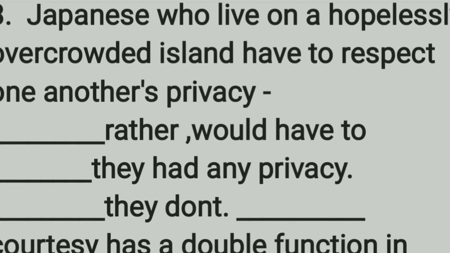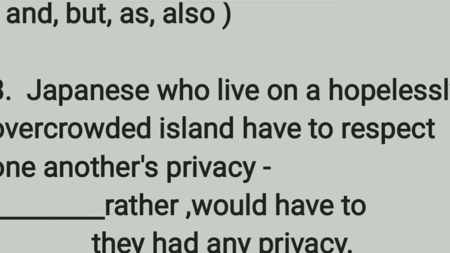So now let's add the right linker here. The Japanese who live on a hopelessly overcrowded island have to respect one another's privacy, or rather, would have to if they had any privacy.